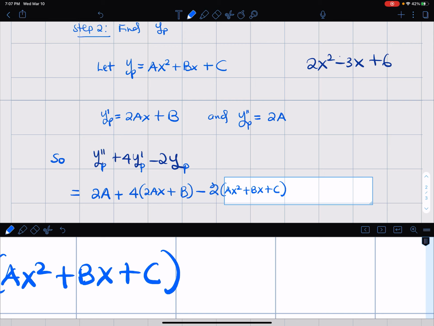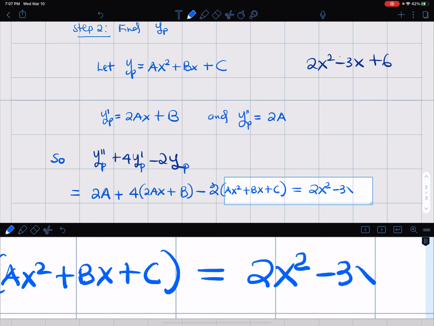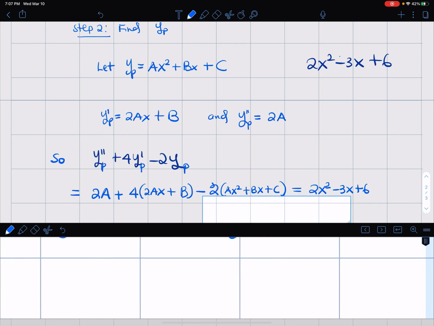All this should equal 2x squared minus 3x plus 6, okay?